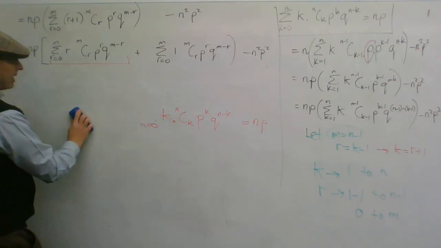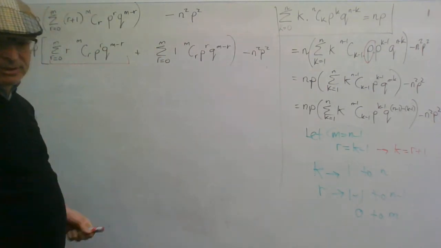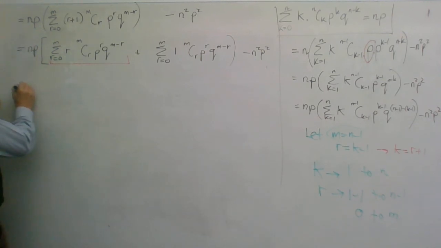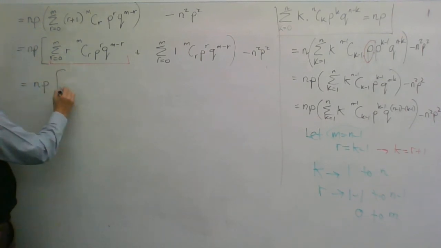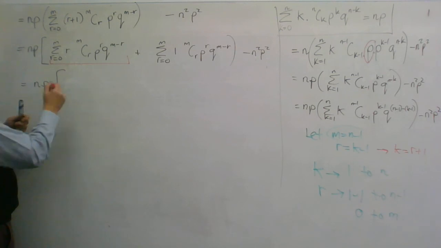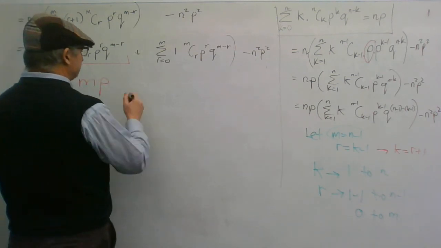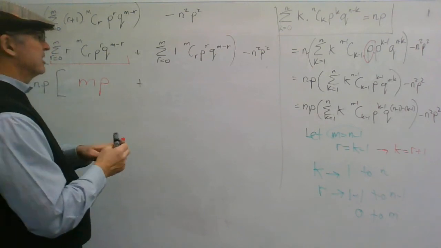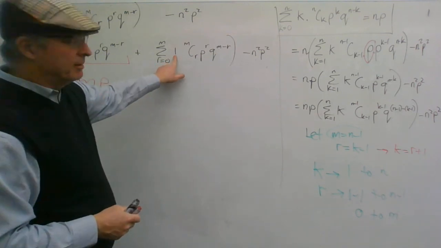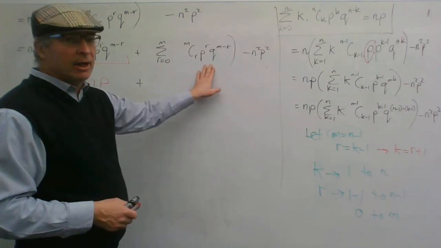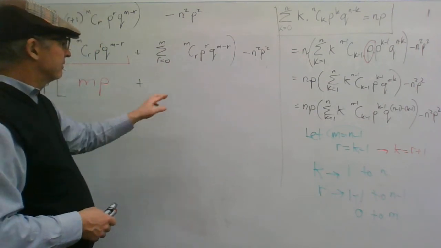I'm just going to say that red stuff there is going to be MP. So we've got NP, this red stuff is MP, plus, and because there's a 1 in here, you might as well forget about that. And that's just the sum of all the probabilities, isn't it?